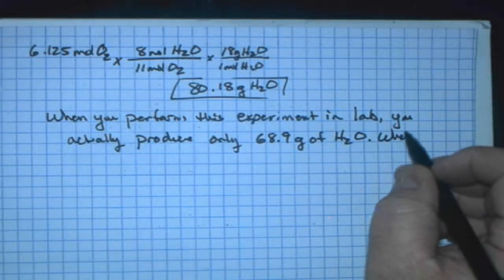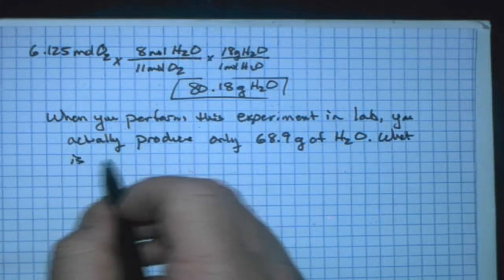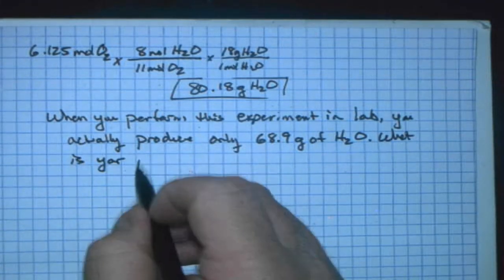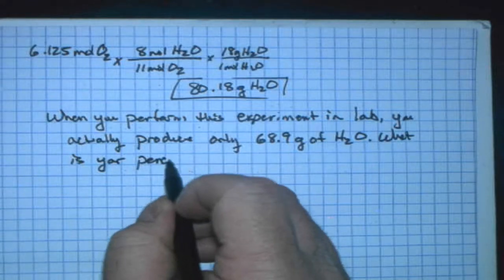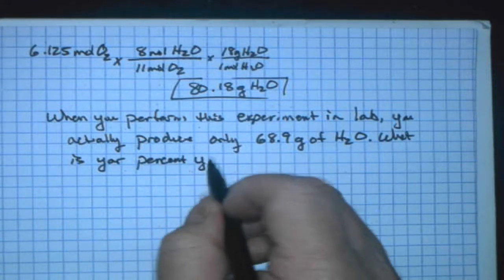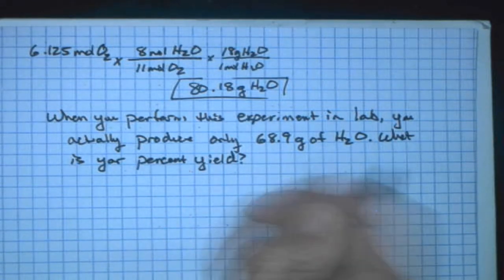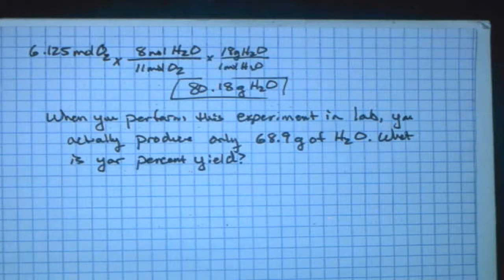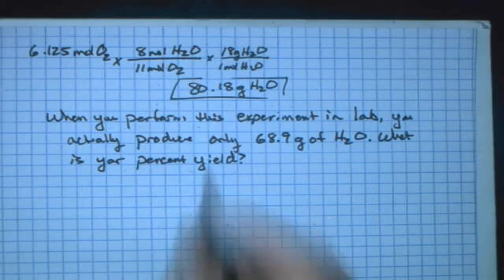What is your percent yield? In other words, what percent of what you should have got did you actually get? Okay. And this is really straightforward if we're understanding our percent.